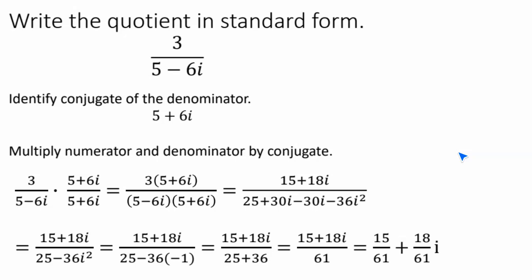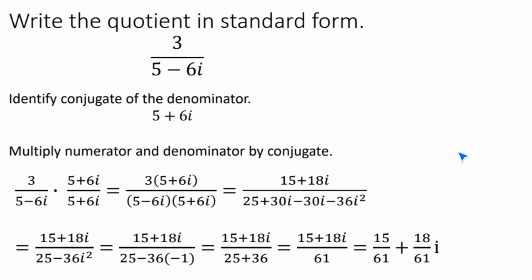So now, since I have a term that is being divided by one single term, I can separate it into two fractions in order for me to have it in standard form, right? So I'm going to divide the real part, 15 divided by 61 plus 18 divided by 61i. And if you notice here, we have it now in standard form.